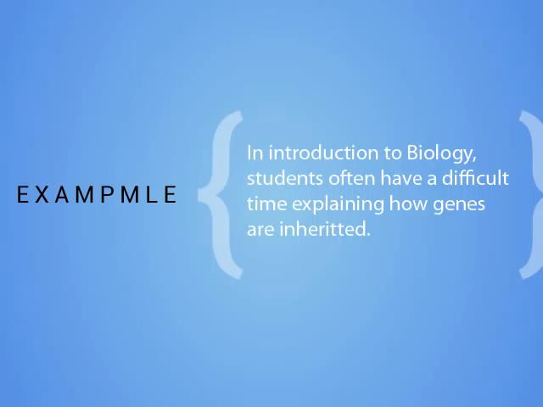I'm just trying to teach them how genes are inherited, and to what degree, and help them explain that. So the whole purpose of the instruction is to get them to be able to explain inheritance and how genes are inherited. You need to be thinking of something like that, something small that can be done within an hour, and start thinking through your instructional problem.